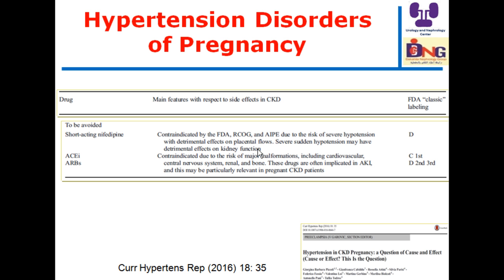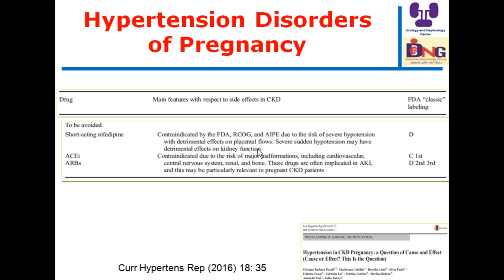So just to elaborate, we can use ACE inhibitors and ARBs in the first trimester, but beyond the first trimester, they are completely contraindicated. If we don't have good monitoring, it is better to avoid ACE inhibitors and ARBs if we think of pregnancy.